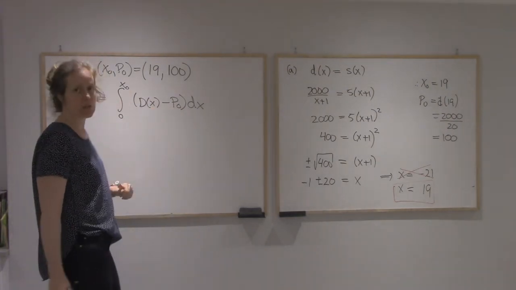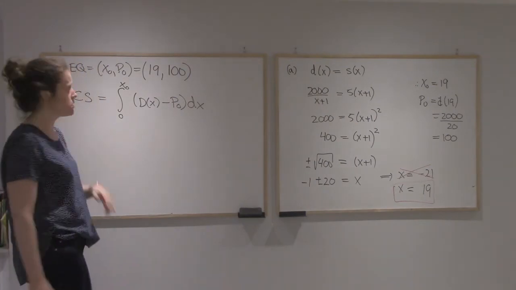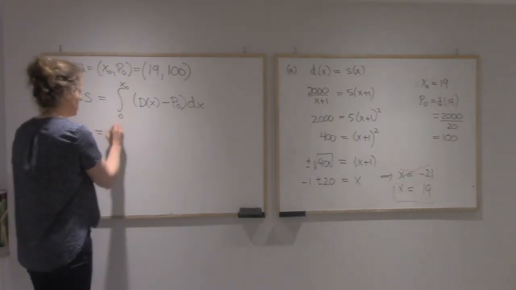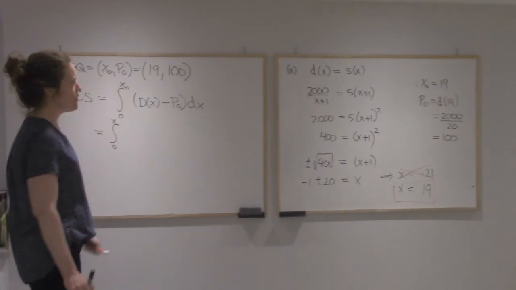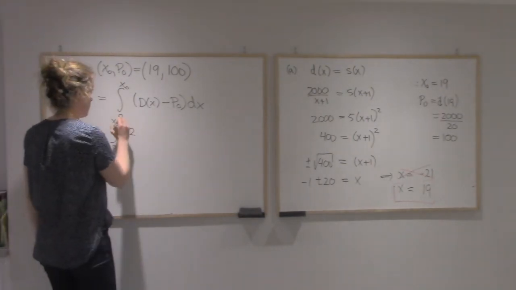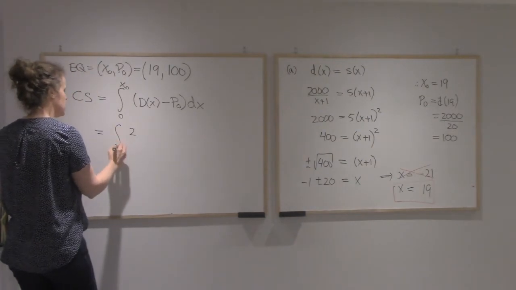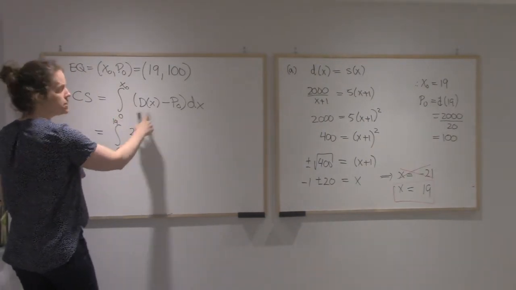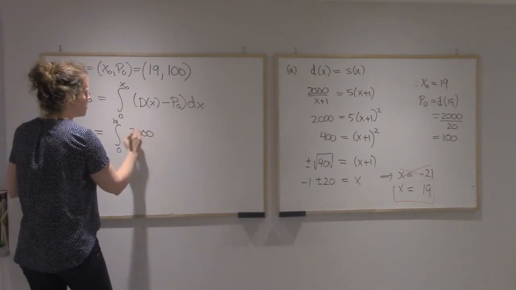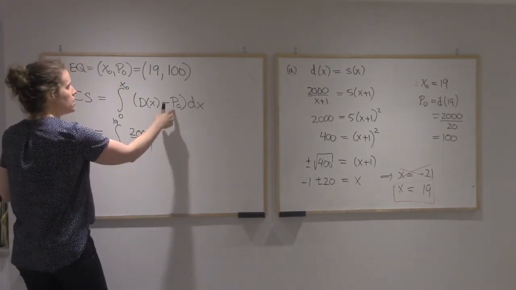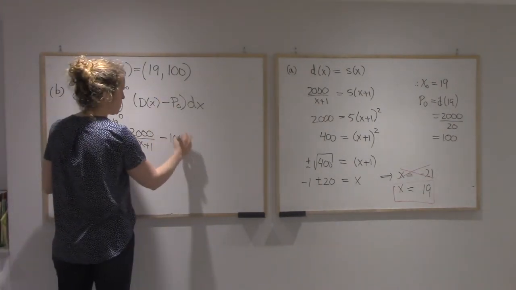And if we take this integral, we'll have the total savings of all consumers together. D of x is 2000 over x plus 1, x0 is 19, P0 is 100.